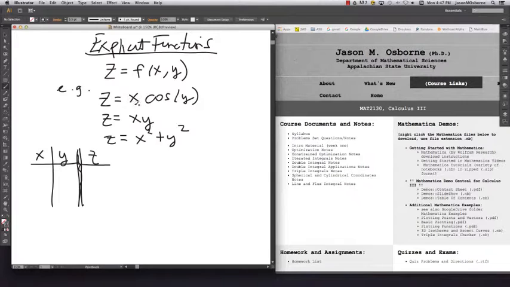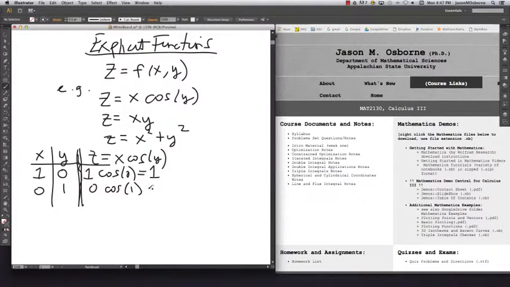So for example, in z is equal to x cosine of y, if you choose x is equal to 1 and y is equal to 0, it's no problem to find the z value. It would be 1 cosine of 0. Cosine of 0 is 1, so this is 1. And if you tried 0 and 1, x would be 0, cosine y would be 1, and 0 times anything is 0.